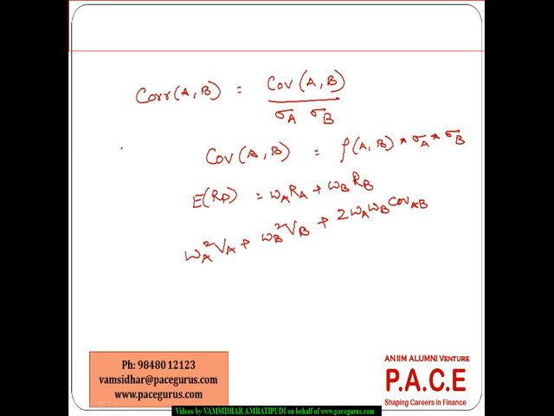How do I find that out? My intention is to minimize the variance of the portfolio. We know that the variance is WA squared variance of A plus WB squared variance of B plus 2 WA WB covariance.